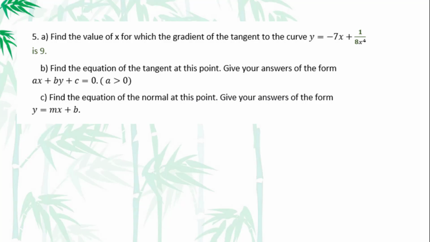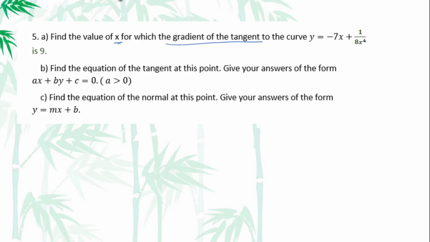In this video, we will work out some complicated problems of tangent and normal lines. Find the value of x for which the gradient of the tangent to the curve y equals -7x plus 1/8x to the fourth power is 9.